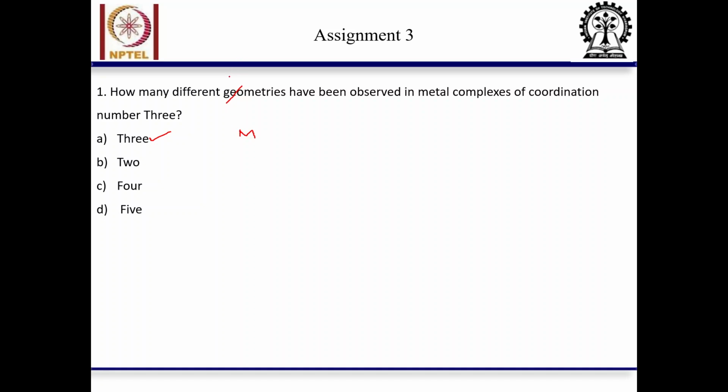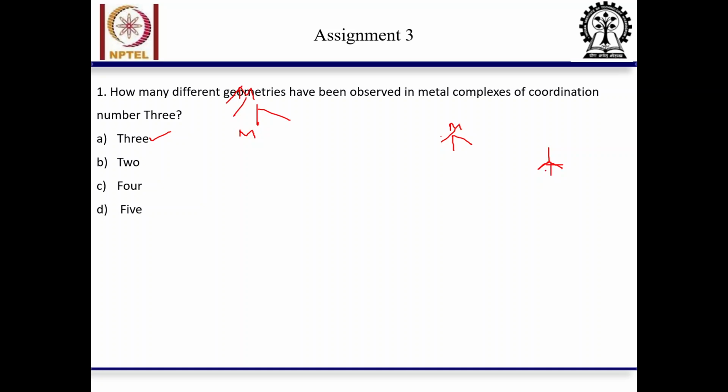The drawing is a little bit horrible, but the first one is the pyramidal, which you get from a tetrahedral: once you cut one position, whatever we get is the pyramidal.